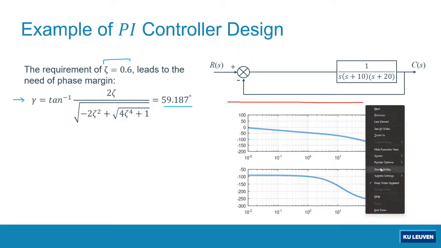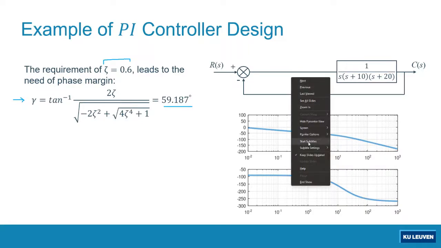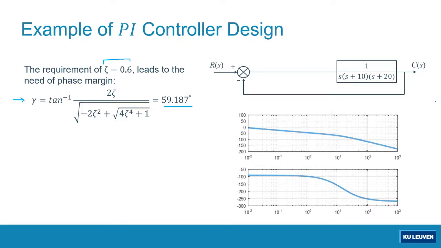At the moment, I still don't have any controller in my unity feedback system. So the open loop transfer function in my unity feedback system now only contains this part, right? The G(s).